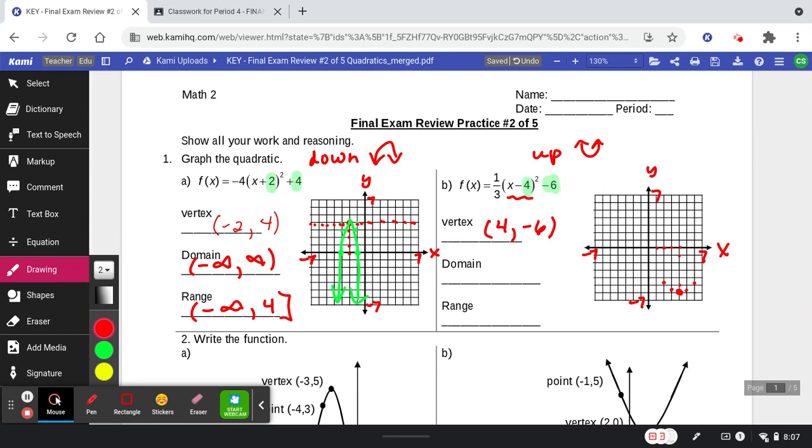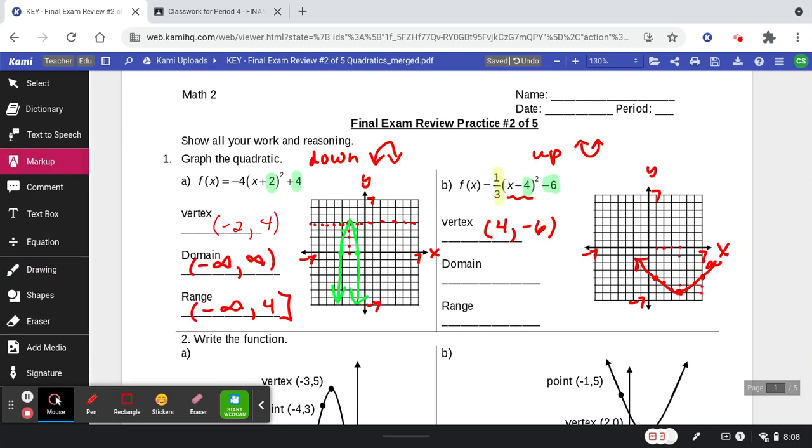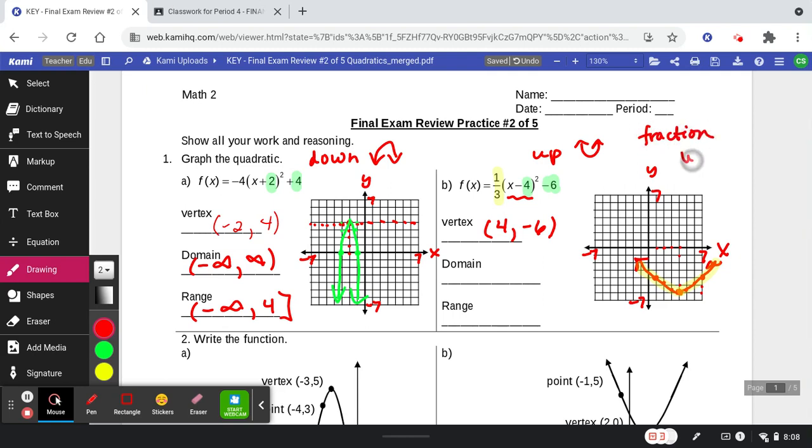So out 3 would normally go way up, but this is going to go up a third of the 9, or up only 1, 2, 3. So we see a slow growing, wide parabola that has a stretch of 1/3. Very slow growing, a wider graph. And we recall that a fraction is a wider graph, and that a whole number like 4 is a narrower graph.